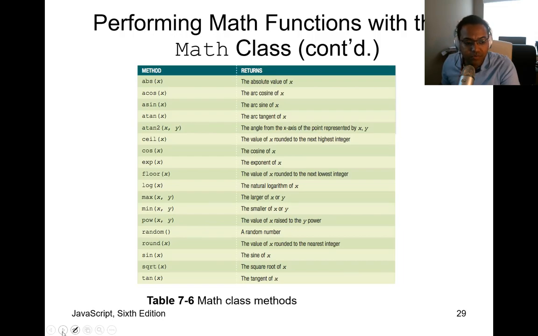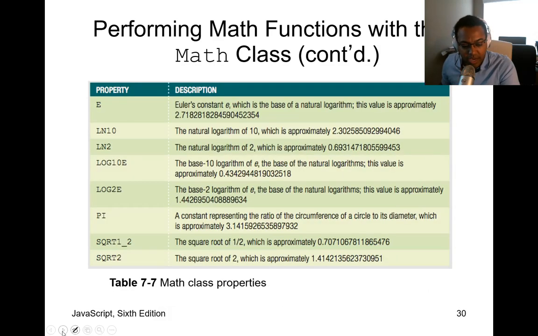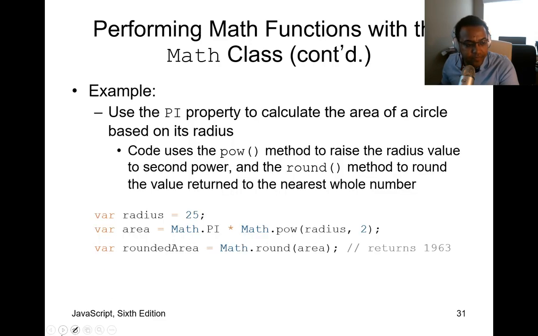So these are some of the math functions that are in your math class. I'm not going to go over all of them. I've already gone over some. Just like in your calculator, your TI-83 or your Casio, it's got logarithms, Euler's constant E, pi, square root. It's all there. So you can use pi to calculate the area of a circle based on its radius.